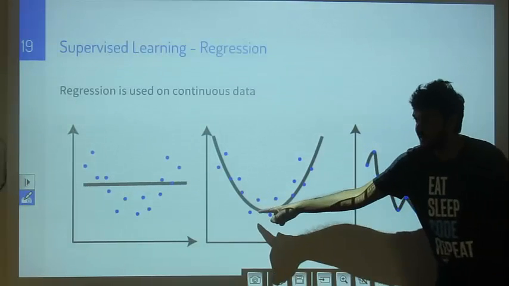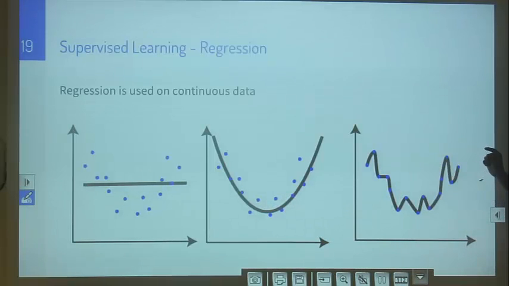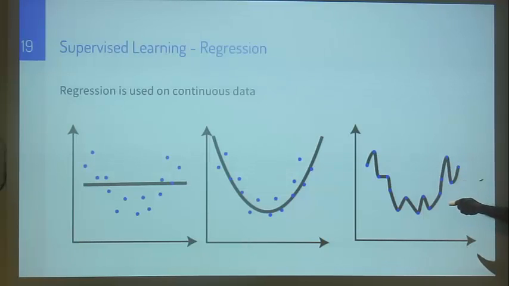But if you get this line, the error is much smaller. So this is a good model for your training data, right? So you never predict on your training data set. You train your model on your training data set, but you never predict things on it. You have a test data set for that.